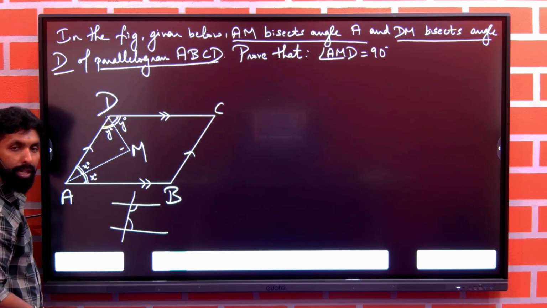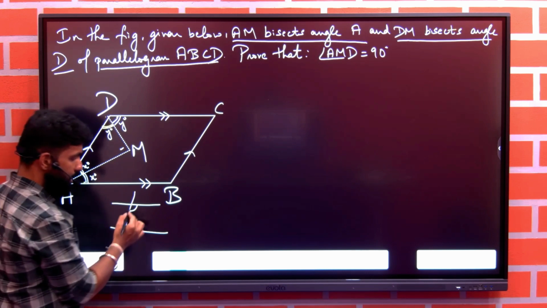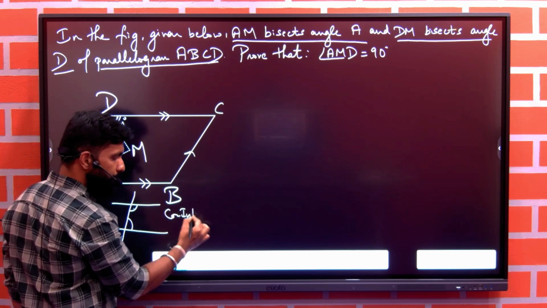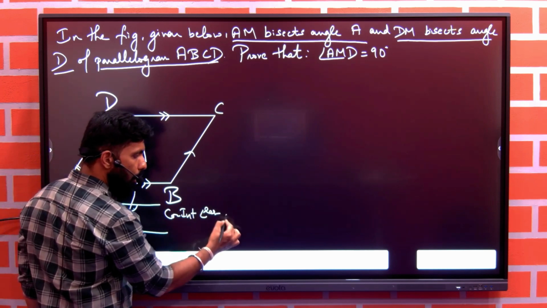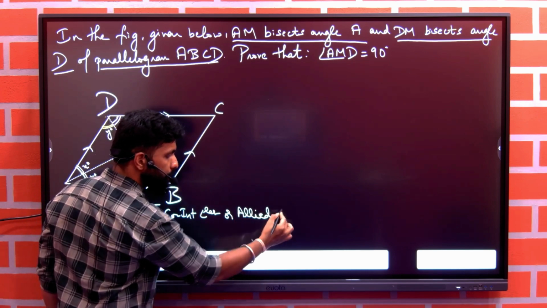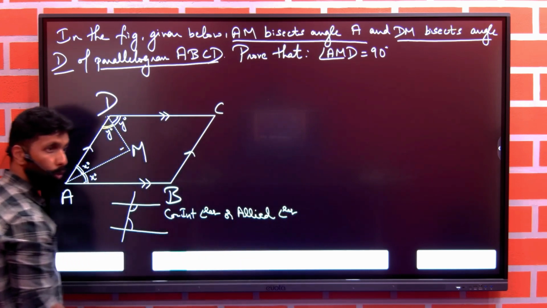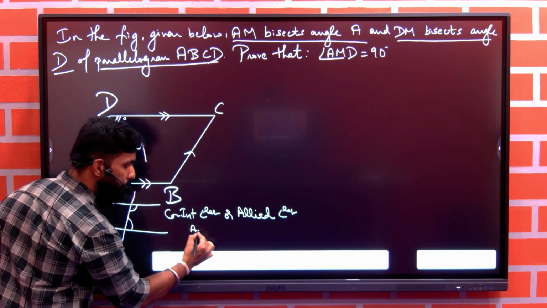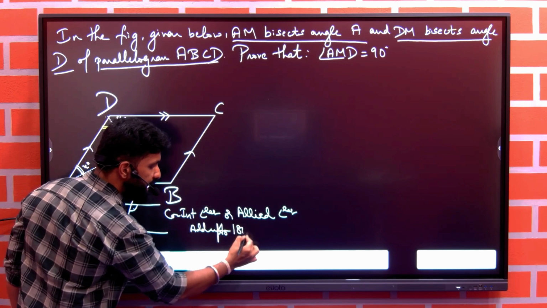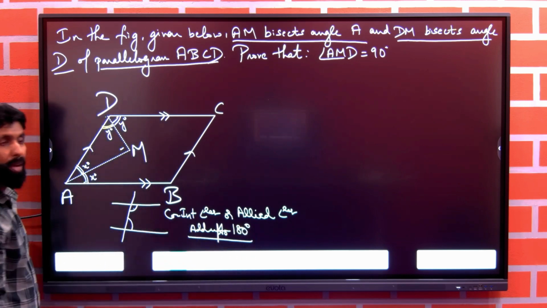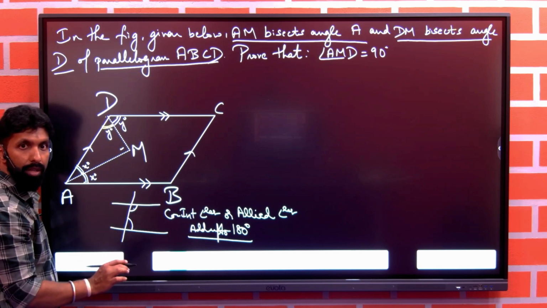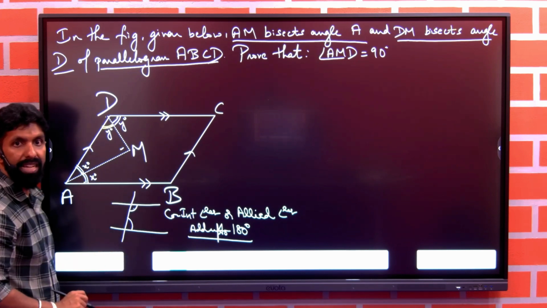I think I told you just some time back, right? So these two angles are called co-interior angles or allied angles. And what do we know about them? They add up to 180 degrees. Co-interior angles are not equal to each other. They always add up to 180 degrees, right?